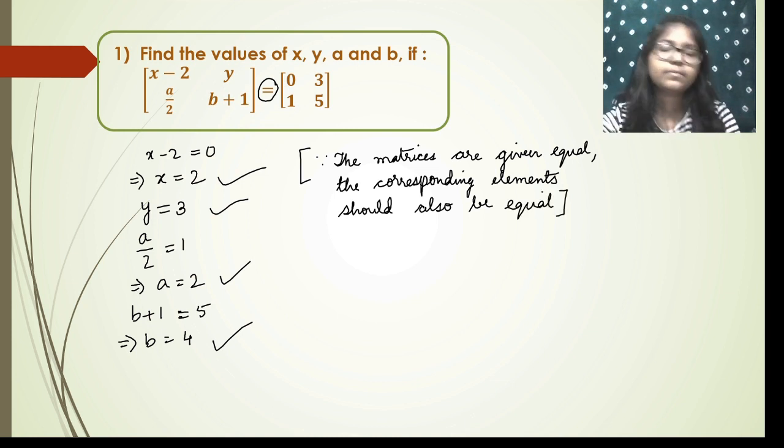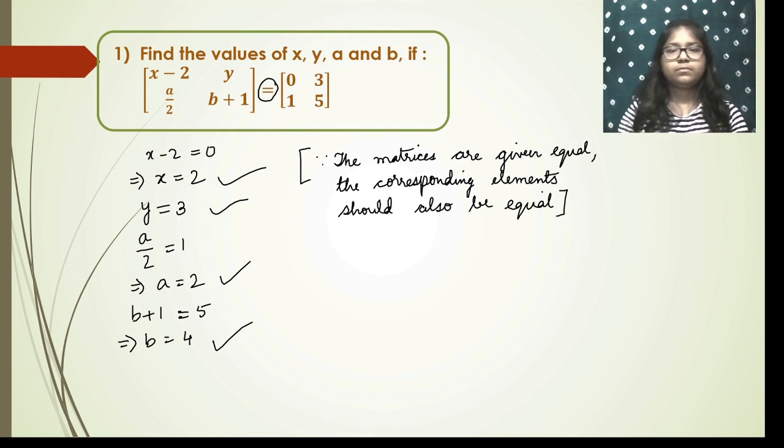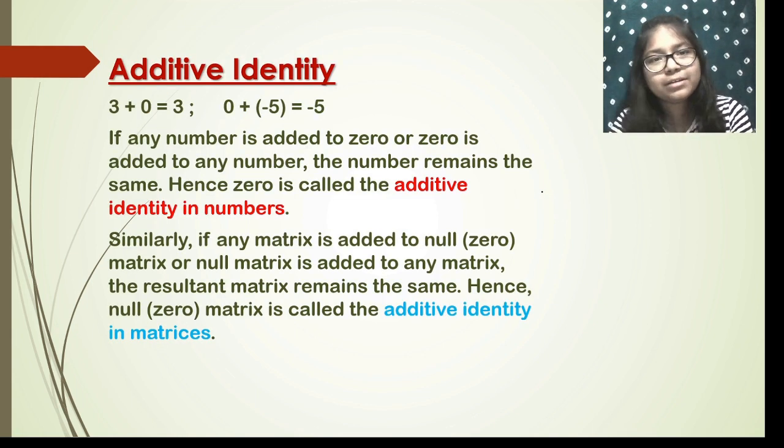Okay. Moving to the next topic, additive identity.